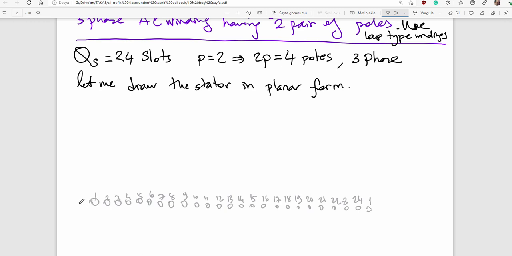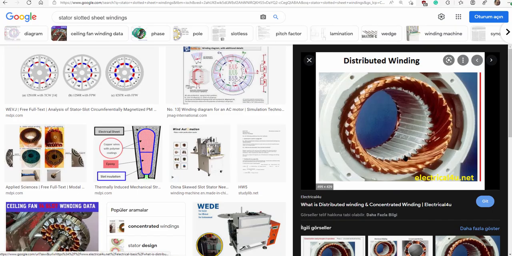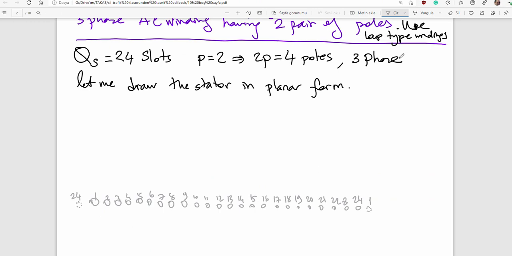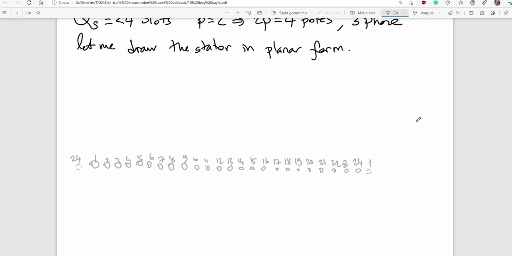Before the first one, you will observe the 24th one, because the machine is circular. Let's say 1, 2, 3, 4, and so on, 24. After 24, it repeats 1, 2, 3. Or in the left direction, 1, 24, 23, and so on. That is the planar representation.